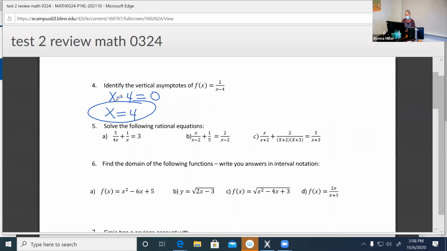Let's do the calculator, let's do it with something that looks hard. Let's do the calculator C. The C looks hard. So what you're going to do with the calculator, you're going to solve it with the calculator. Plug this in y1, plug this in y2, and find the intersections, right? So let me get my calculator up. Let's just close that for now.